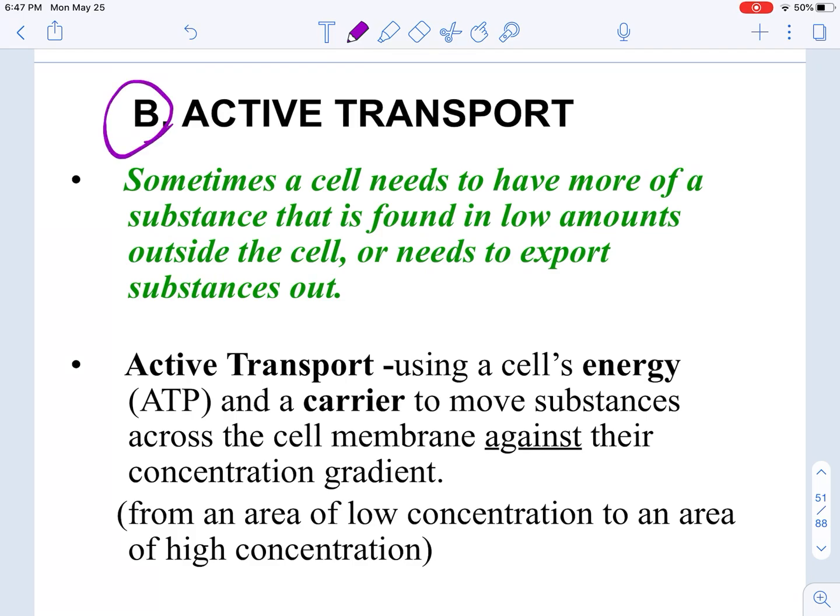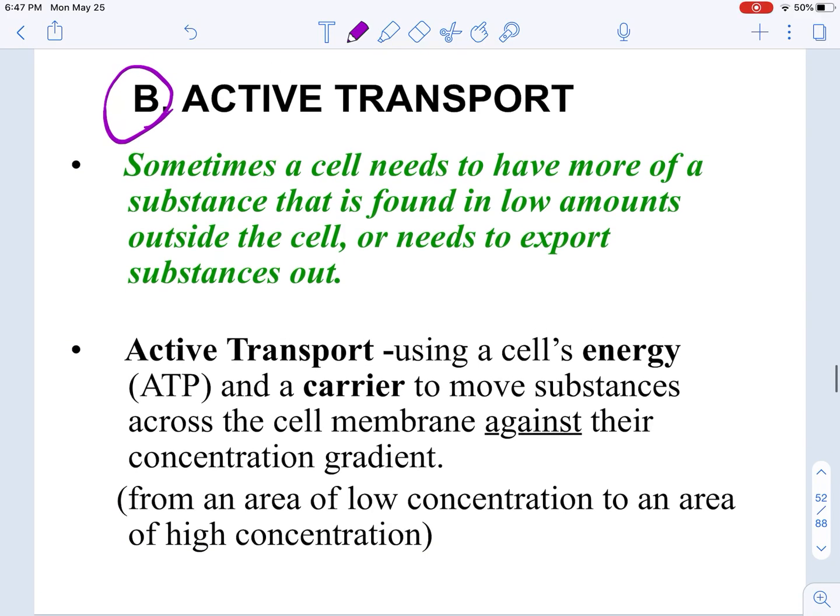All right, next one we're going to talk about is active transport. And this one is different because your cells are actually going to be grabbing more of something that they already have a lot of. So it's going to take energy to pull more in when there's already a higher concentration inside. The example I like to talk about here is the iodine in your body. Any iodine in your bloodstream will be grabbed by your thyroid.